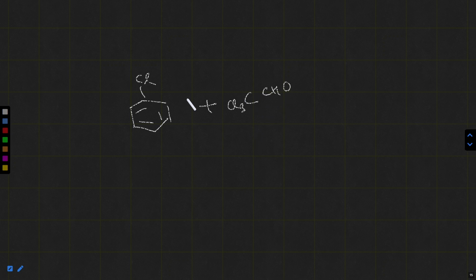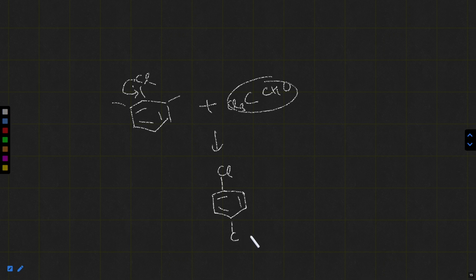Now this chlorine, as we know, is also para-directing, so it can go here and here, but due to the steric reason, because this is a large group, it goes here. So two possibilities are there. One is ruled out due to the steric effect. Now once we got this product, okay, we got this product.